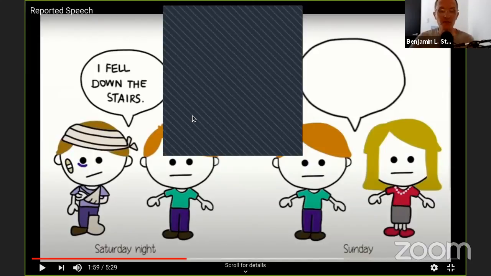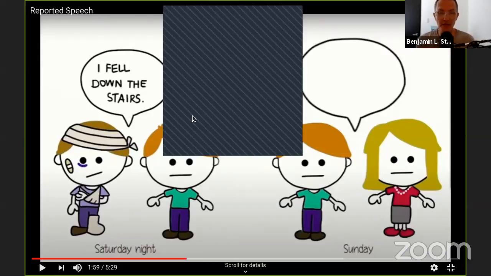So what other bit of information can we add to this example to indicate time? Okay, you could say yesterday. My son told me that he had fallen down the stairs yesterday, right?